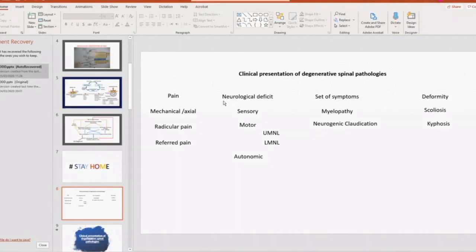Degenerative changes إذا كانت osteophyte وديسك prolapse which is diffuse disc bulge لأنه صار في عندنا dehydration of the nucleus pulposus. These ones may respond to conservative treatment, but في أغلب الأحيان they would require surgery. And this is the difference between solid or hard disc prolapse and a soft disc prolapse.